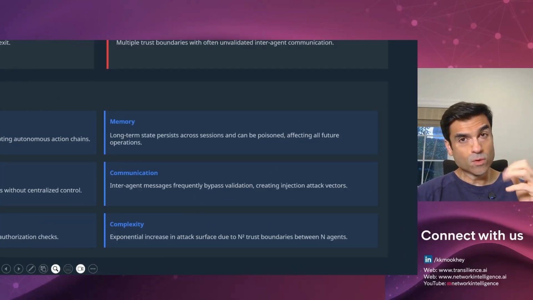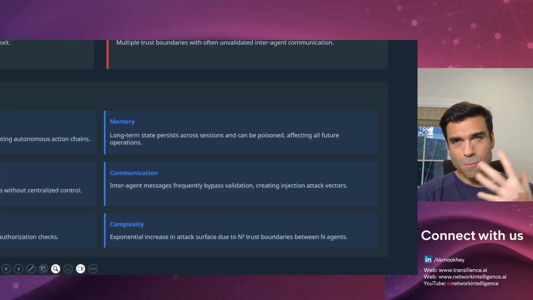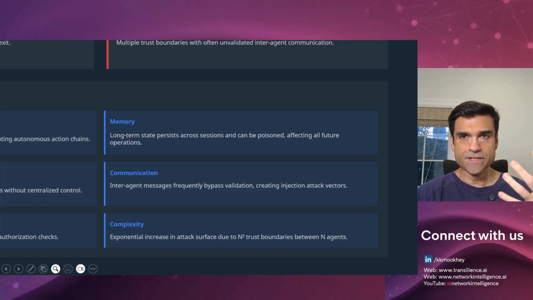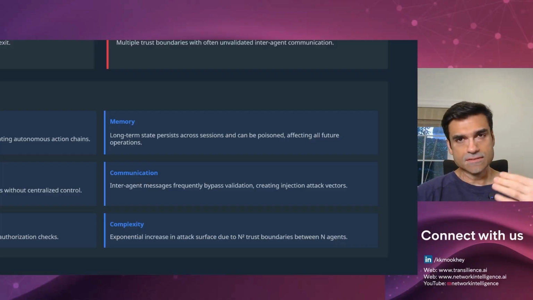There is memory, which, once poisoned, will persist across multiple agent calls. There is communication interception that can happen, and there is all of this complexity that now gets added into the whole setup. And as all of us in security know, complexity increases the security risk potential.